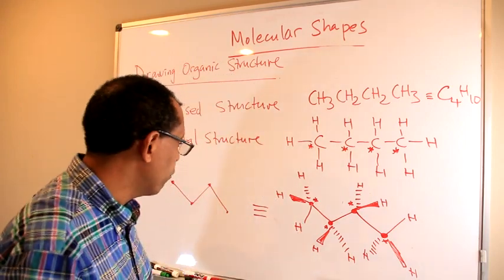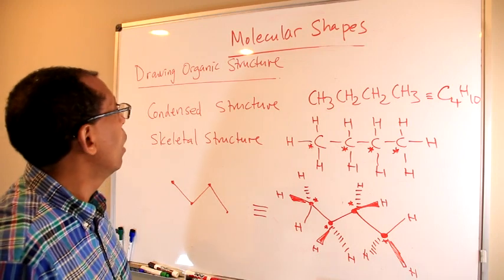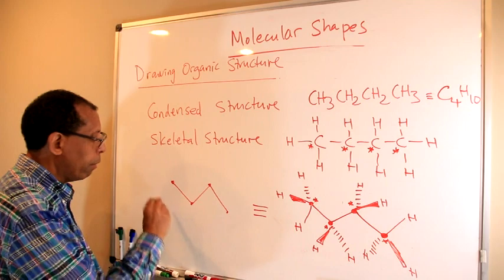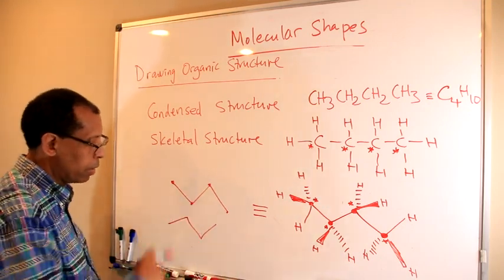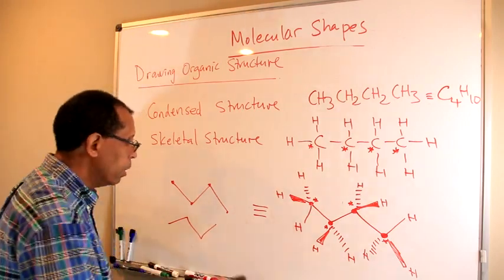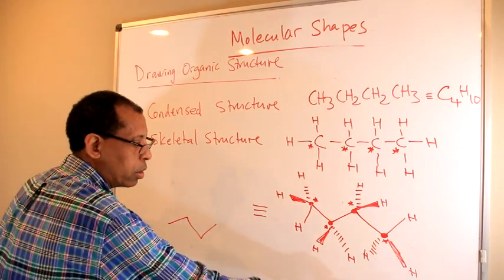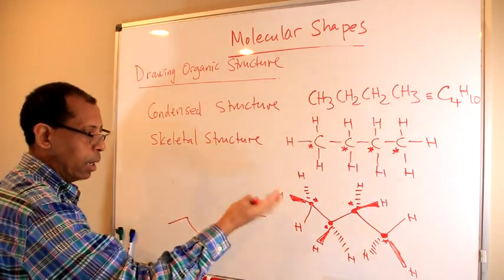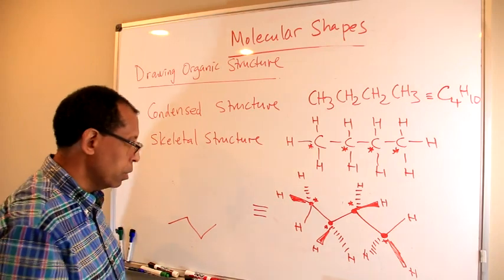So for the sake of simplicity, and in the future when you become more practiced in organic chemistry, we just write 4 carbons like this: 1, 2, 3, 4 carbons. They're the same, starting down, and 4 carbons, they're all the same. So now in writing the organic structure, you have a condensed form, a skeletal form, and a tetrahedral form where you have all of the hydrogens.